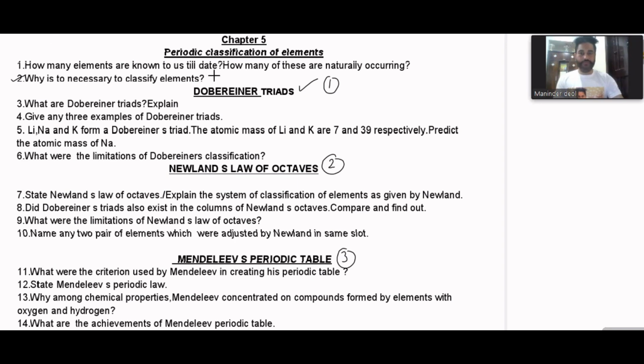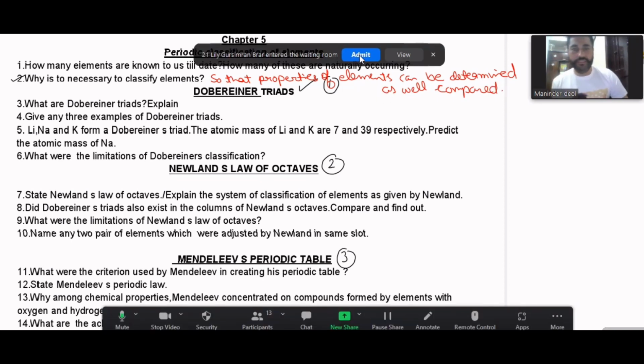Okay, so I will write: properties, including both chemical as well as physical, of elements can be determined as well as compared. That's why there is a necessity to classify the elements.